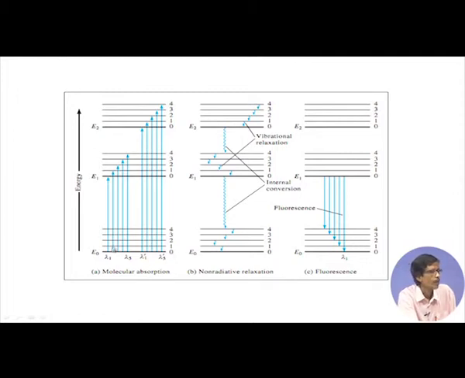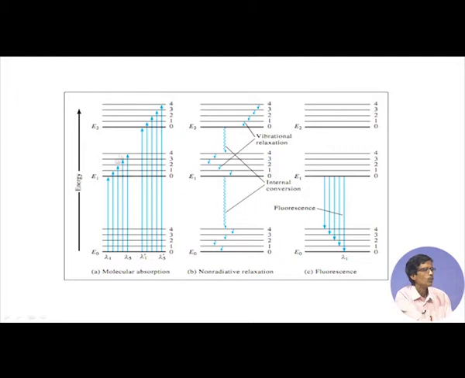So, when it is absorbing, this energy gap is more, that means V0 to V1, V0 to V2, V3, V4, these will be more. So, we can have very closely spaced lines, that means lambda 1 to lambda 5, that is why the electronic absorptions were very broad, spanning the range of lambda 1 to lambda 5.